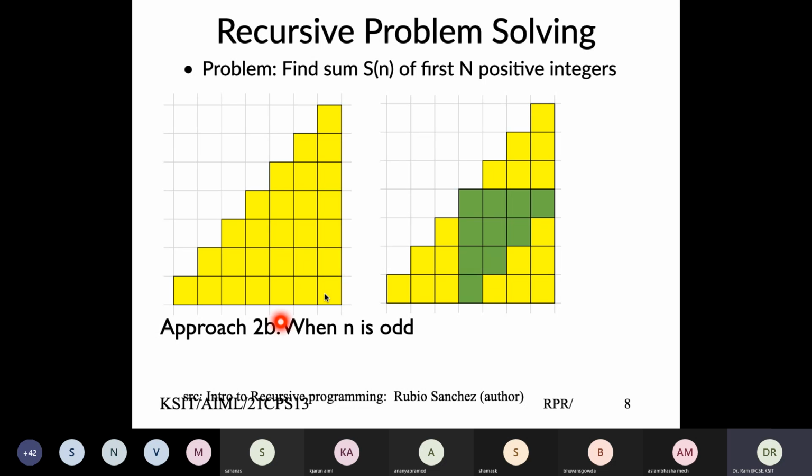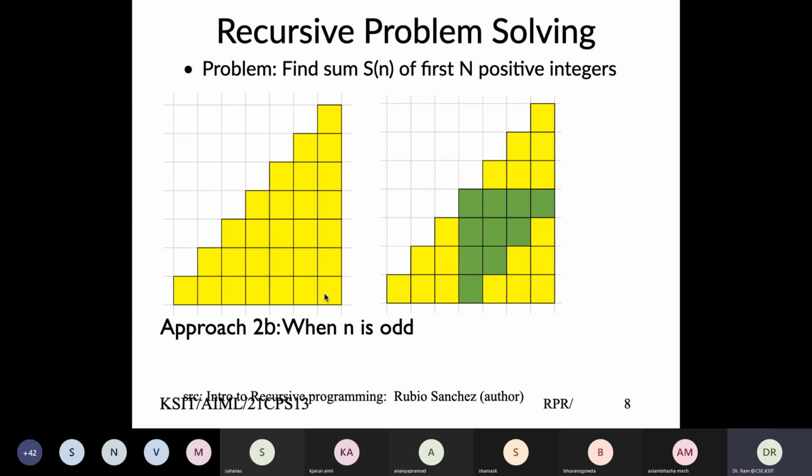So let me repeat. If n is odd, then I reduce this problem to n minus 1 by 2, n minus 1 by 2, n minus 1 by 2, and n plus 1 by 2.